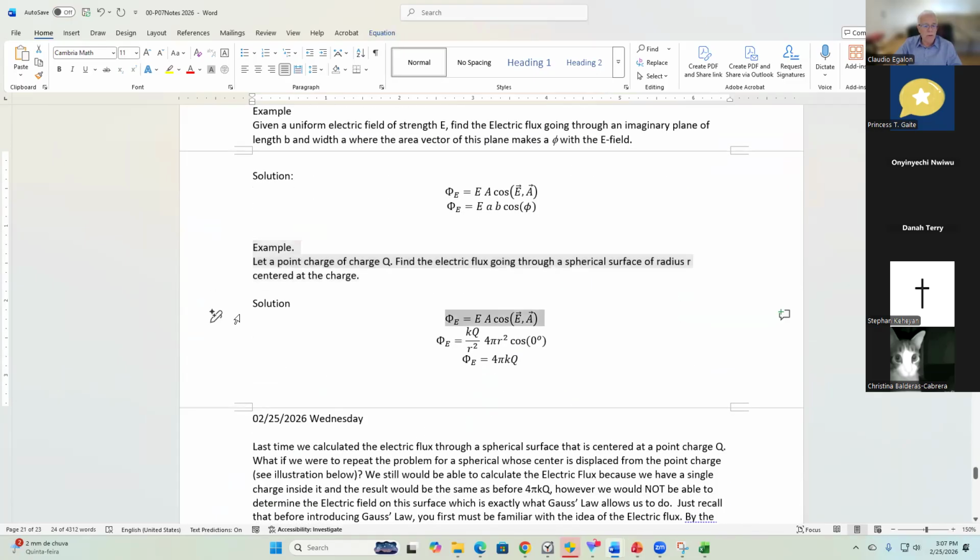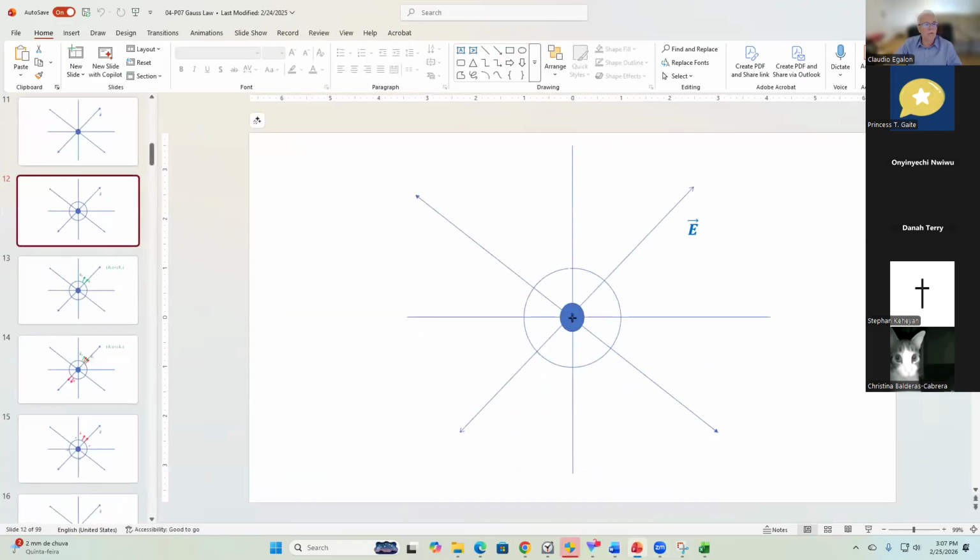So here you go. We start to find the electric flux going through this spherical surface of radius r that's centered on the charge. So how do we do it? First, we identify the angle between the electric field and the area vector. Going back to this illustration, we already know that the electric field radiates away from this point charge.